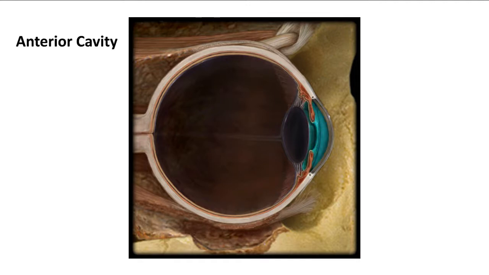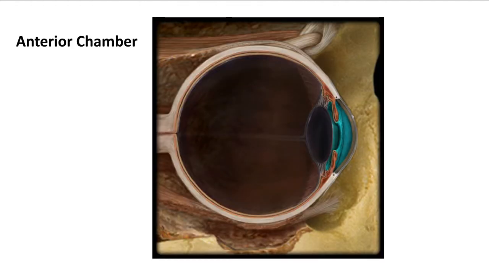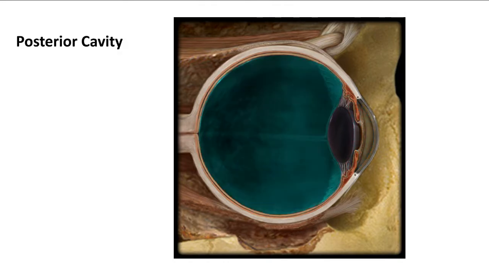So all the blue colors: the anterior cavity, the anterior chamber within the anterior cavity, the posterior cavity. Here you will find what kind of fluid? You'll find vitreous humor.